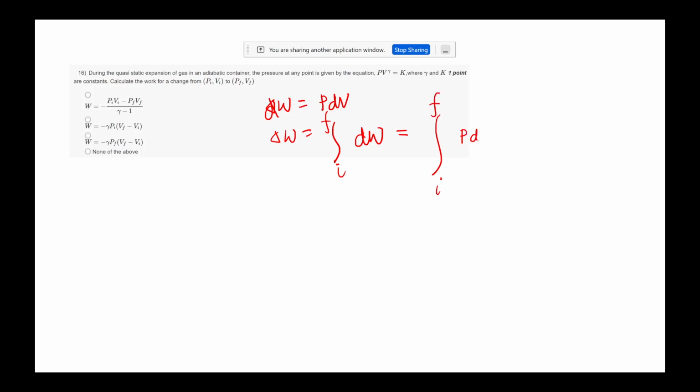This is defined as minus P dV always. You can always know that this is minus P dV. So now write it as the integral from i to f of K by V to the power gamma dV, that is K V to the power minus gamma dV. Now do this calculation and let me know what this is.